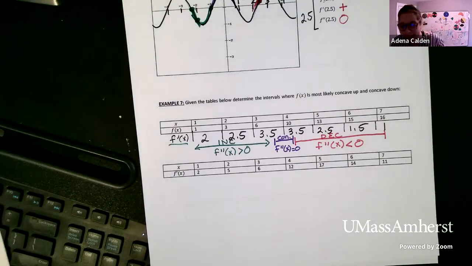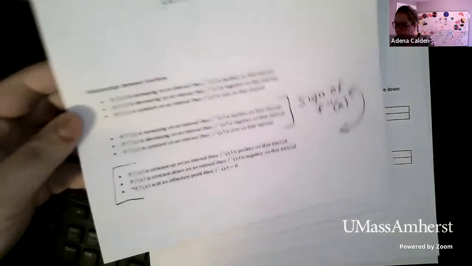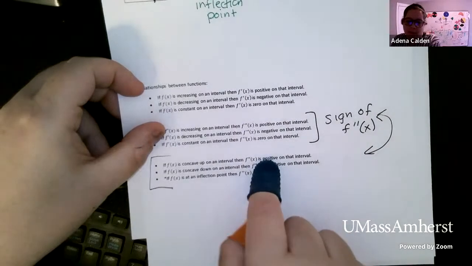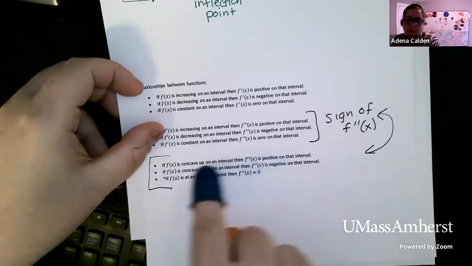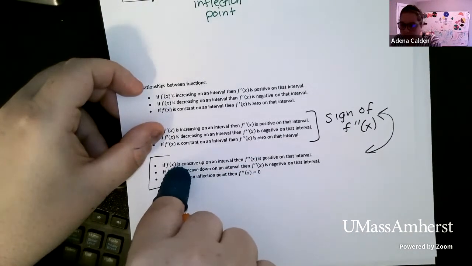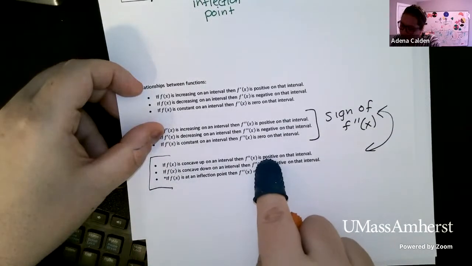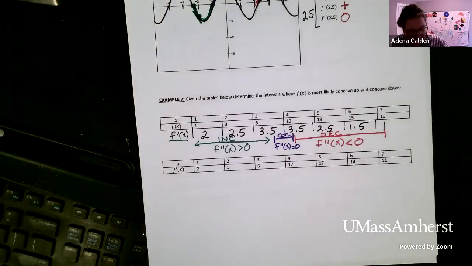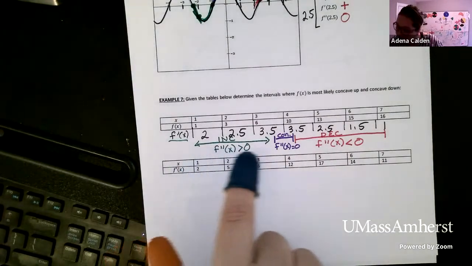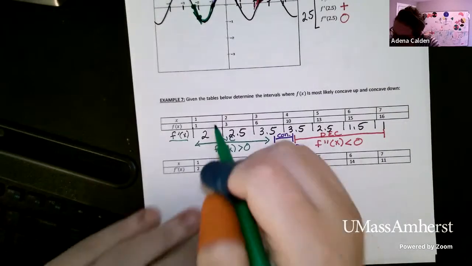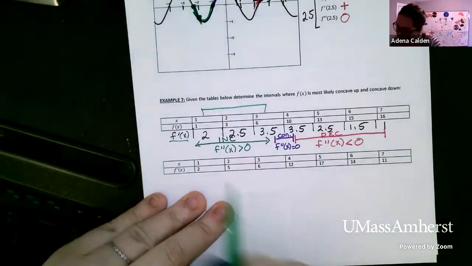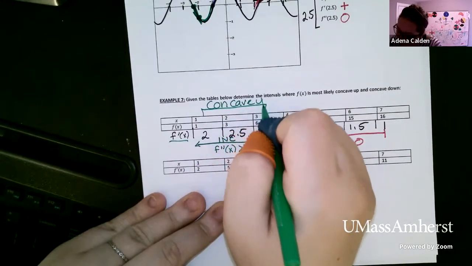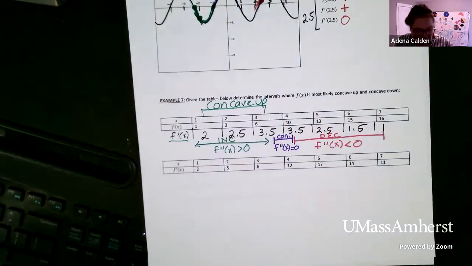Now that I know that, I go back to my rules and I go to my third set of rules, because if I know the sign of the second derivative, that tells me the concavity of the original function. So when the second derivative is positive, the original is concave up. We said the second derivative was positive here, which means that on that interval, the original function is concave up.